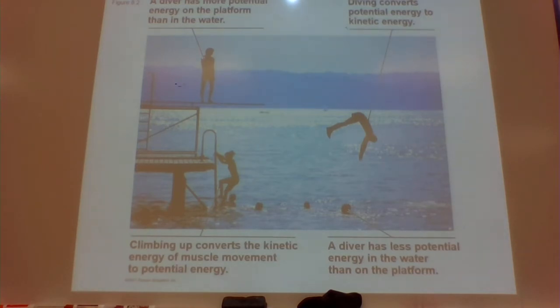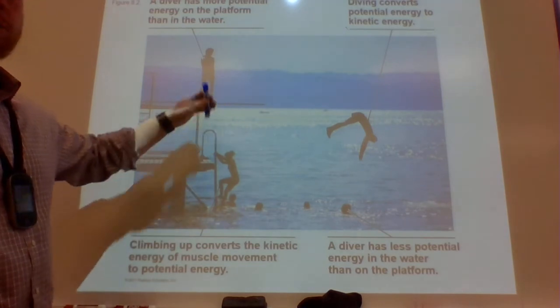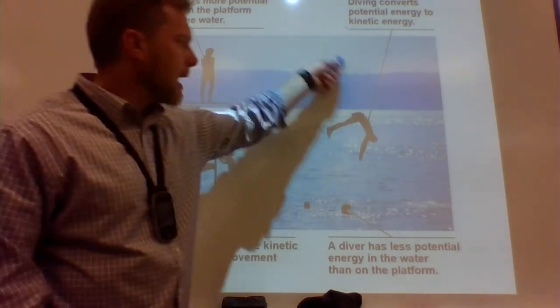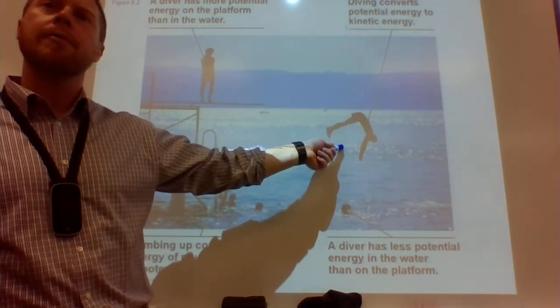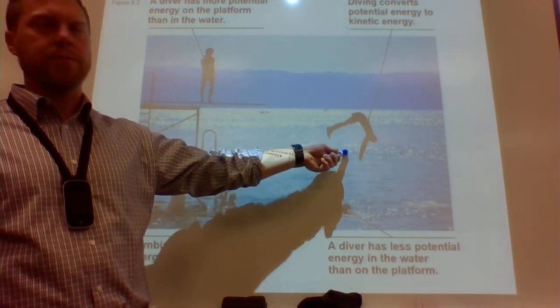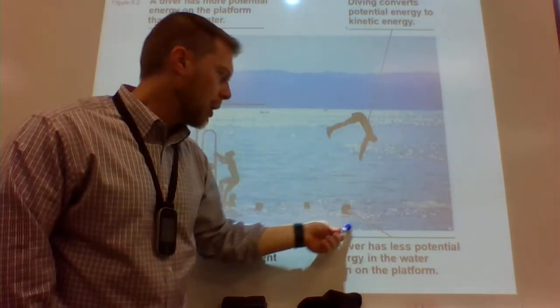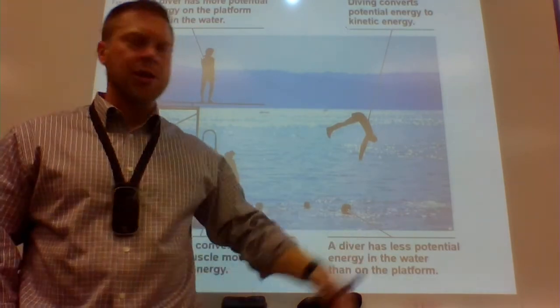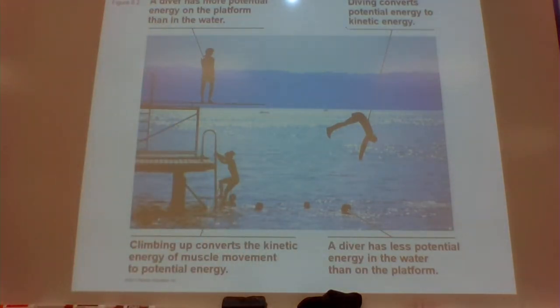When she jumps off of the diving board, her potential energy is now converted into what? Kinetic energy. And when she goes into the water, and now she's still, her kinetic energy is converted back into potential energy.